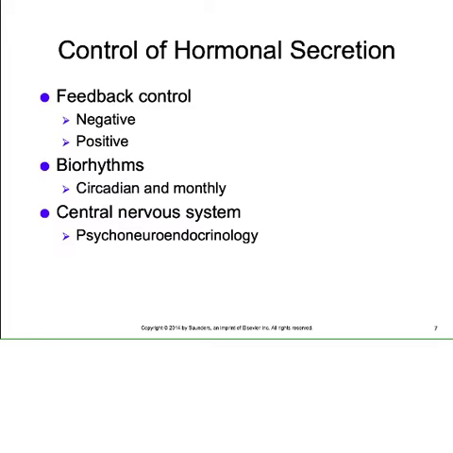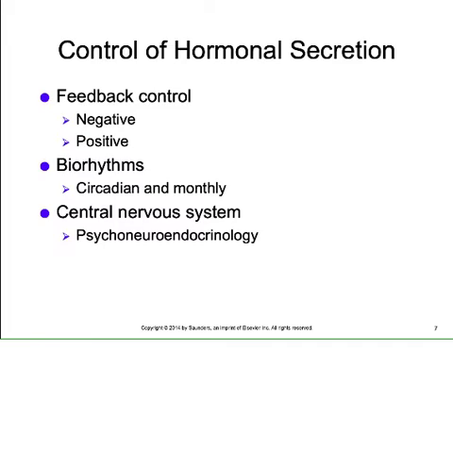The central nervous system is going to control some of the glands in the endocrine system, either because they share structures or because they're directly influenced by structures.